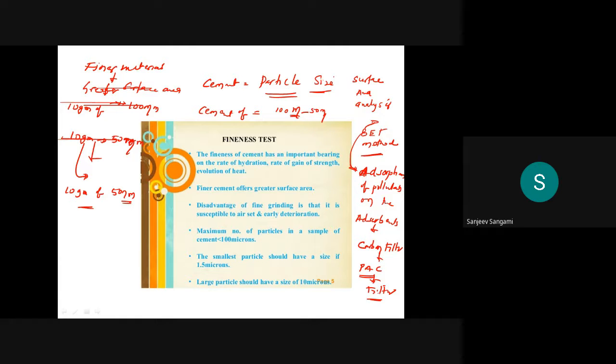If this powdered activated carbon has a higher surface area, then definitely, as we know, adsorption is a surface phenomenon.